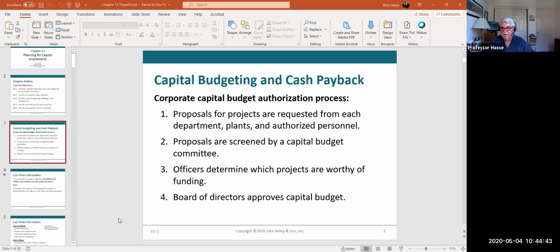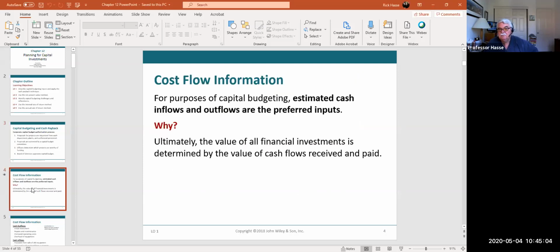All right? So these proposals go to management and are approved finally by the board of directors of the company to spend the capital to purchase these products, purchase these assets. In return, we're going to be more efficient, produce greater profits, produce cash flow.